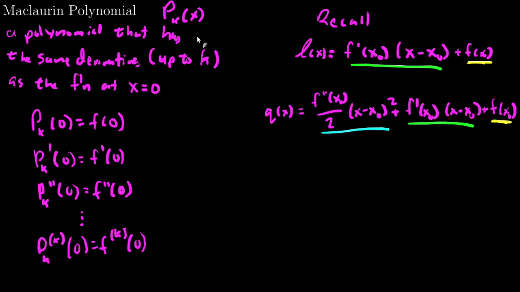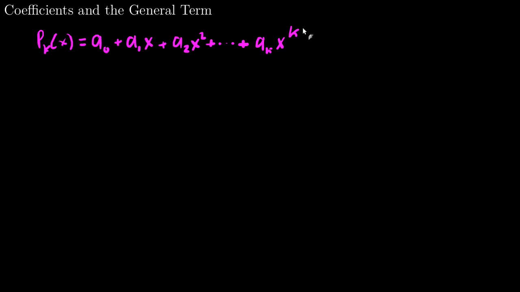Now, the next question you might have is, how do we write this Maclaurin polynomial? So we know that the polynomial p sub k of x is going to be a naught plus a1 x plus a2 x squared all the way up to a sub k x to the k. And I just need to figure out what the coefficients are, and it can be found this way.